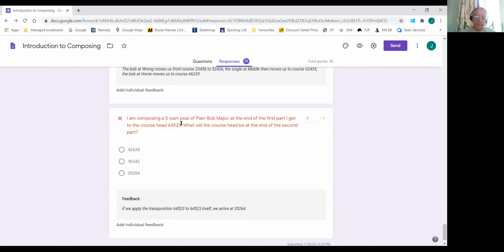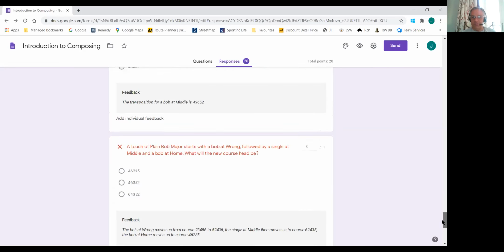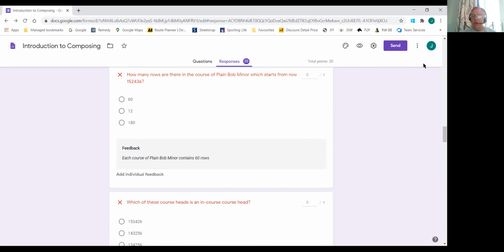So when we do the same transposition from 64523, the 3 is now going to move into second place. So that immediately tells me from the 3 options we've got here that it must be the bottom one, 35264. So that's what those transpositions are all about.